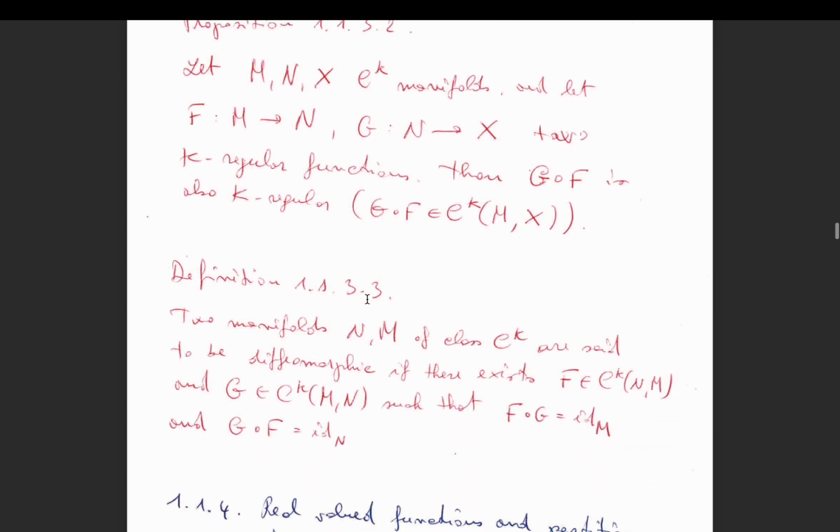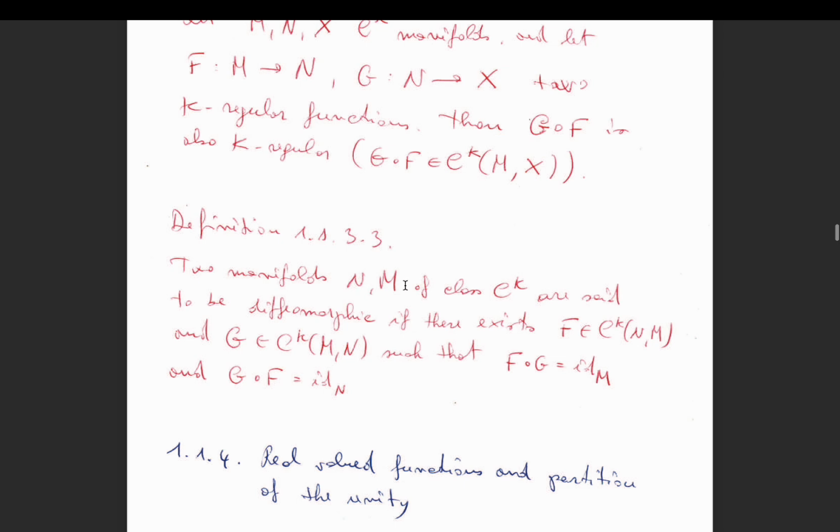Furthermore, if we have two manifolds, we say that they are diffeomorphic if there exist two maps G and F, F from M to N, and G from N to M, such that G composed F is the identity of M, and F composed G is the identity of N. They are diffeomorphic.